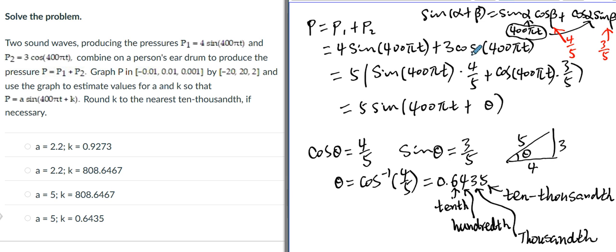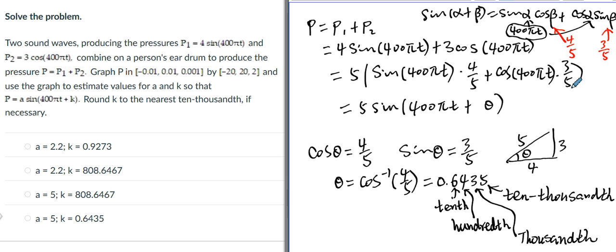Here we have a sine and a cosine. How do we make this form into that form? If we take 5 out, there is no 5 here, so we need to put a denominator of 5 below the 4 and below the 3, because 5 times 5 cancel each other.